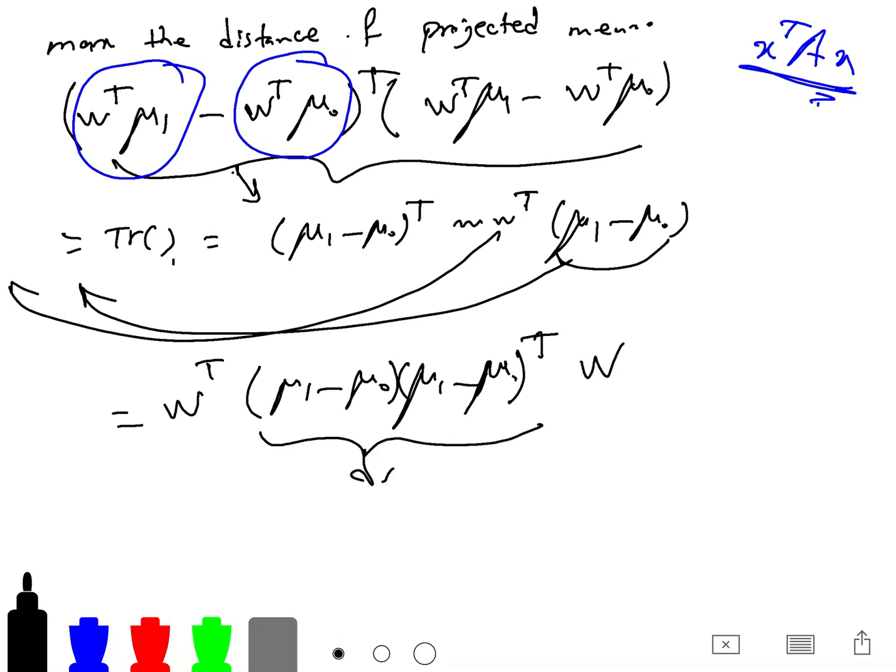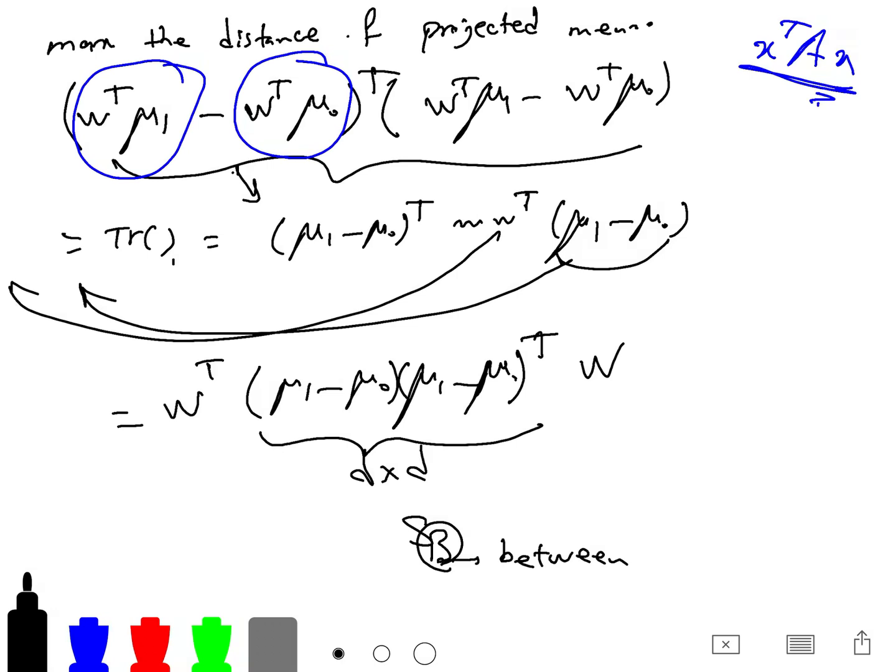So this is a D by D matrix, and we call it SB. B is between. You want to maximize the separation between classes.